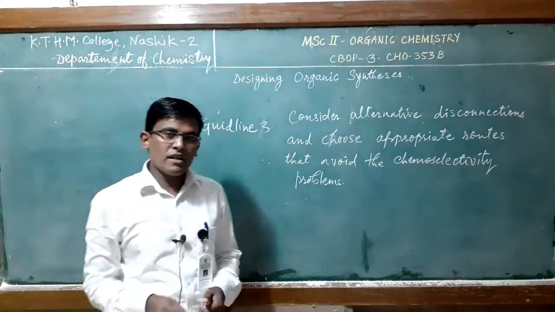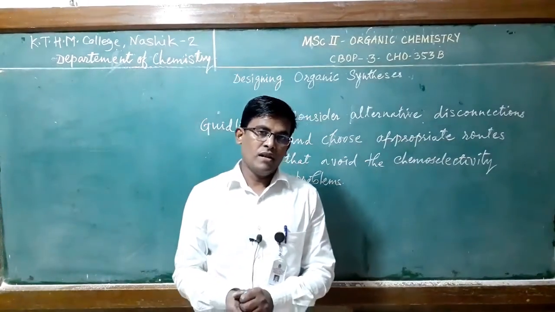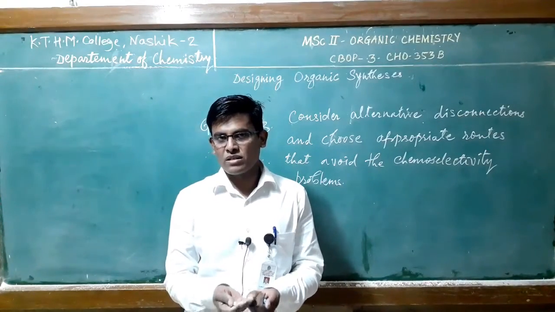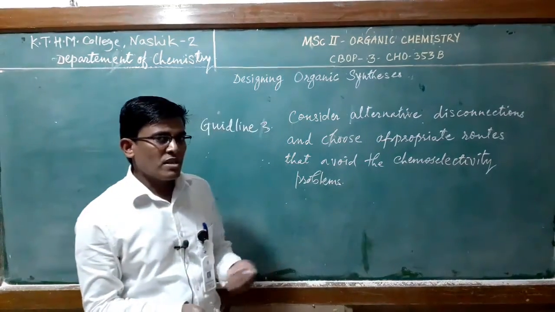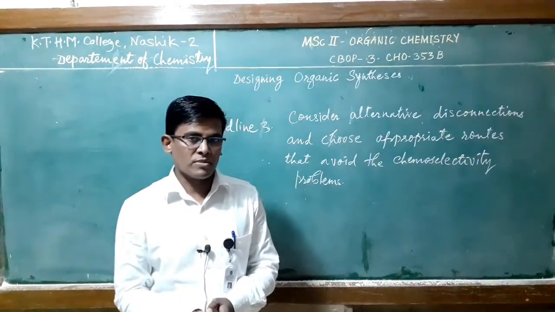So the guideline says that we should consider the alternative disconnections and choose the appropriate routes that avoid the chemoselectivity problem. In multiple step synthesis, we always observe the chemoselectivity problem.